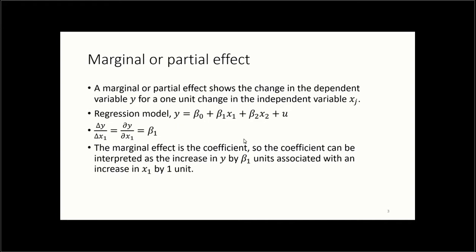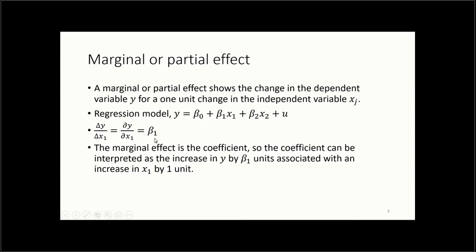So what is marginal or partial effect? It shows the change in the dependent variable y for a 1-unit change in the independent variable xj. So if we have a regression model of y equals beta 0 plus beta 1 x1 plus beta 2 x2 plus u, the change in y over the change in x1, and that's the same as the derivative dy over dx1, is basically beta 1.